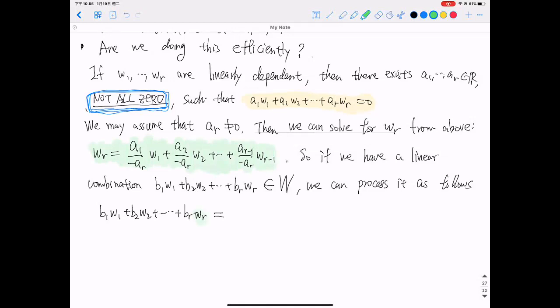So I can replace this WR by the linear combination above.